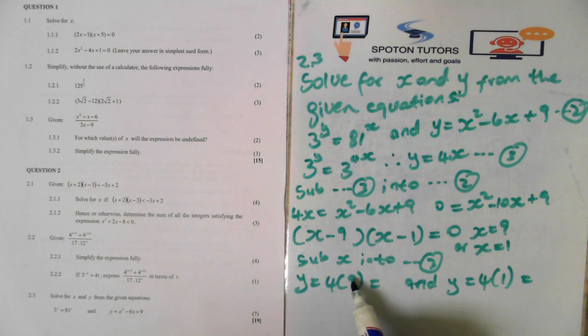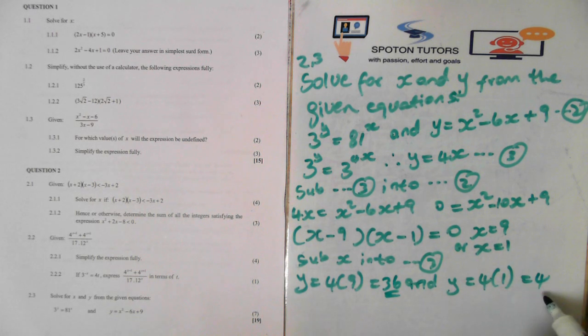4 times 10, the nearest number to 9, is 40. But from the 40, you added extra 1s to this 9. How many were those 9s? Four. So 40 minus 4 is 36. Then 4 times 1 is 4. So those are your solutions. Now, how do you write it? You write it in coordinate form.